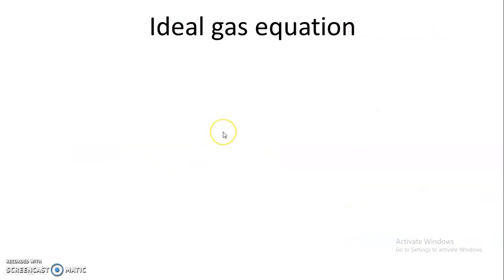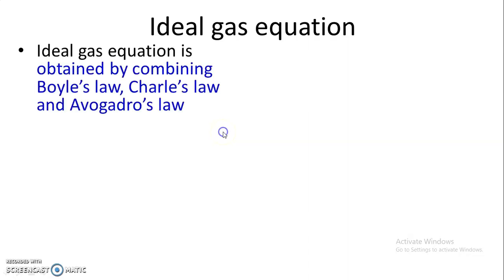Now next, what is the ideal gas equation? The ideal gas equation is obtained by combining Boyle's law, Charles' law and Avogadro's law. These three laws are combined together and we get the ideal gas equation. What is the statement of Boyle's law?